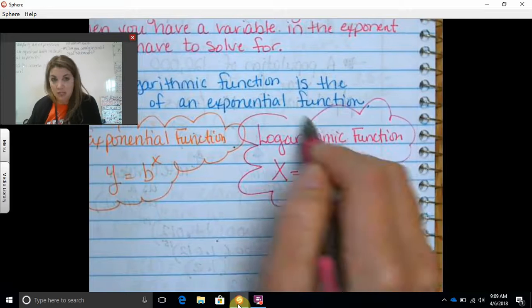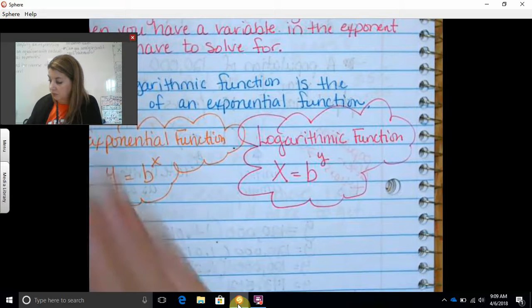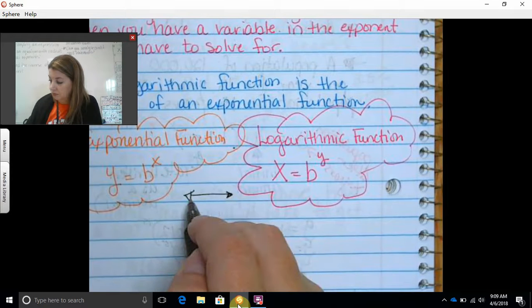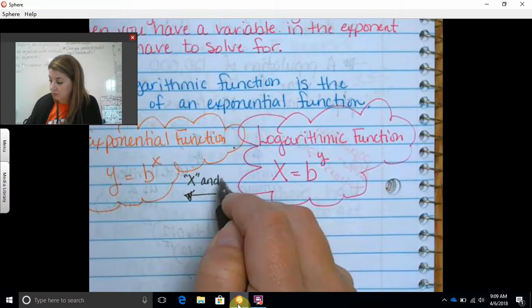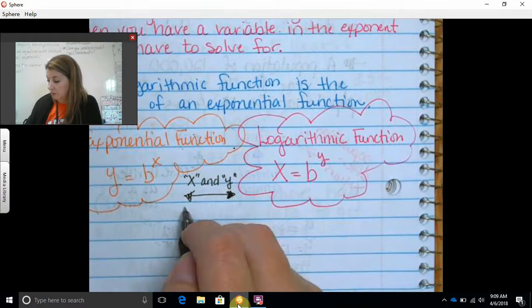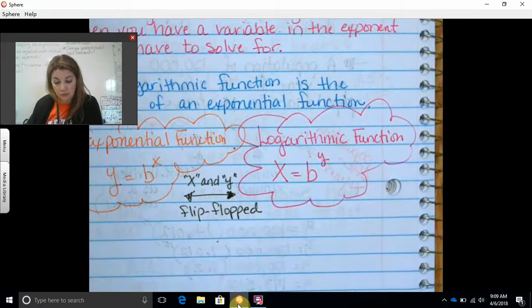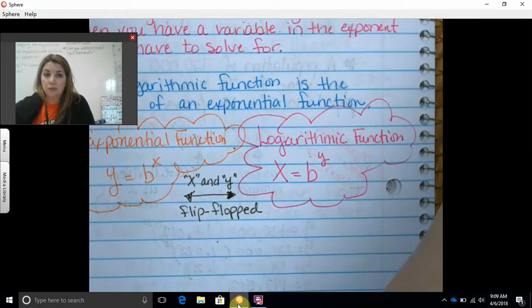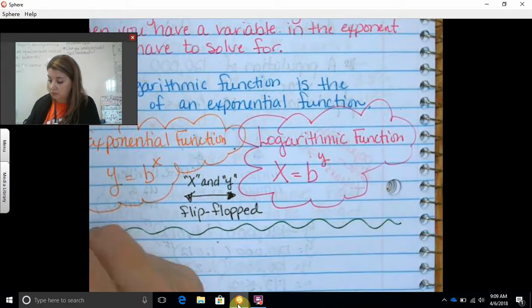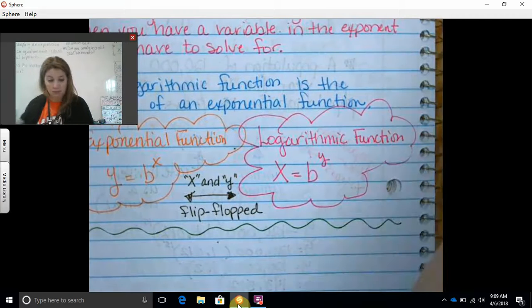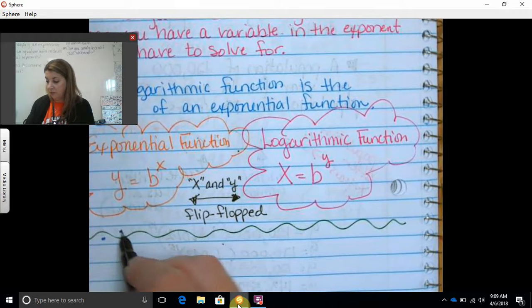So it's just the inverse of an exponential function. Anybody have questions so far?